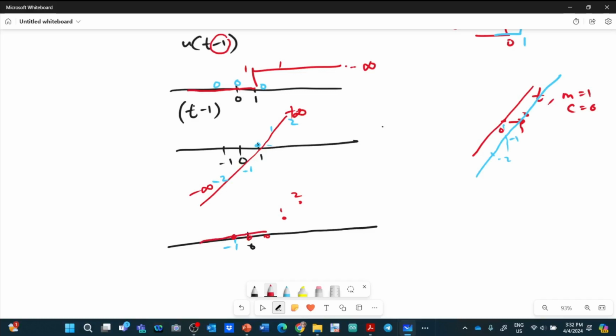So the signal will become like this until infinity. So this signal is t minus 1, u t minus 1.